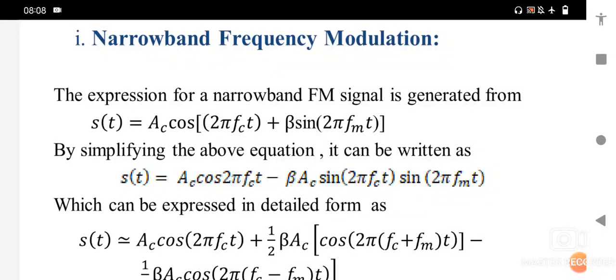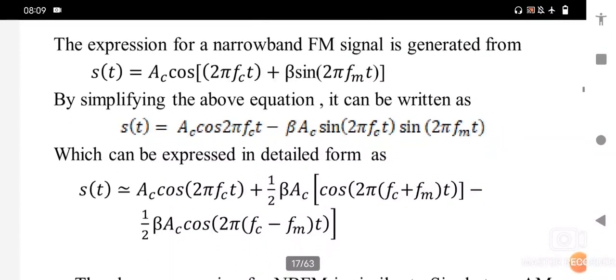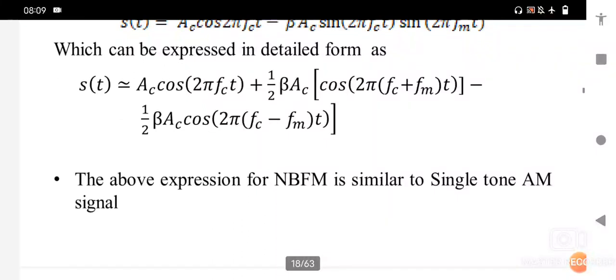By simplifying the above equation, it can be written as S of t is equal to AC cos 2 pi fct minus beta AC sin 2 pi fct sin 2 pi fmt, which can be expressed in detail. That means S of t is nearly equal to AC cos 2 pi fct plus 1 by 2 beta AC cos of 2 pi into fc plus fm into t minus 1 by 2 beta AC cos of 2 pi into fc minus fm into t.